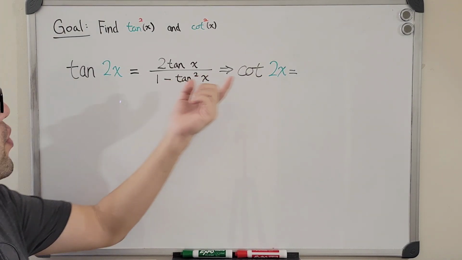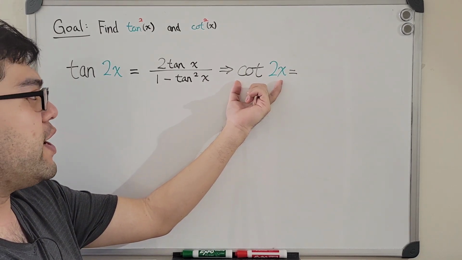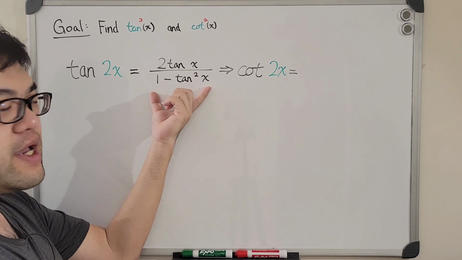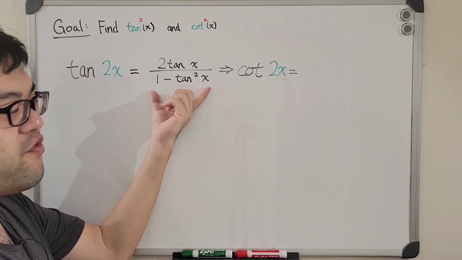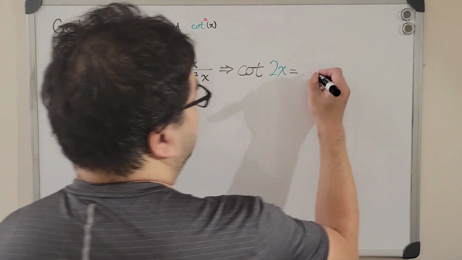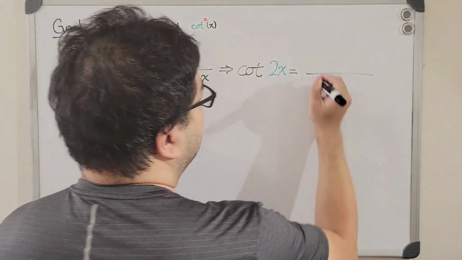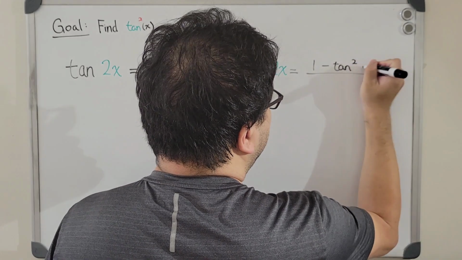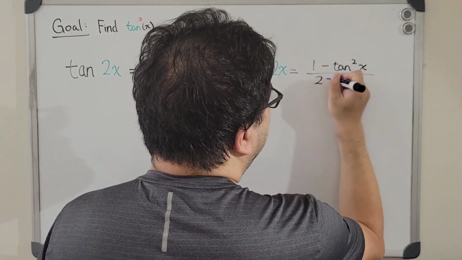So if we want to find cotangent of 2x, we can just take the reciprocal of the right hand side, which means we flip the fraction, and we'll get the formula in terms of tangent at this moment.